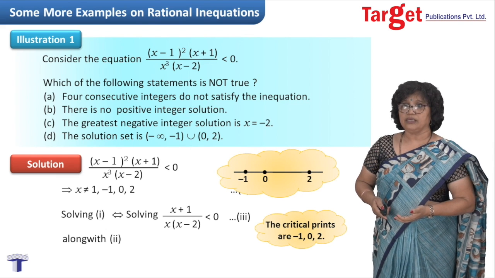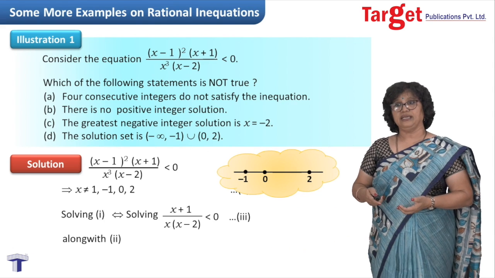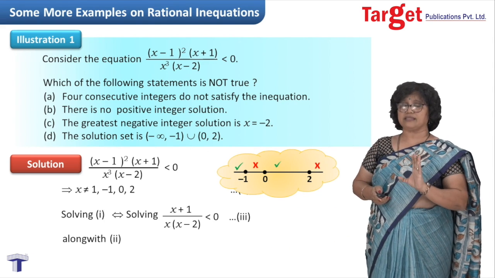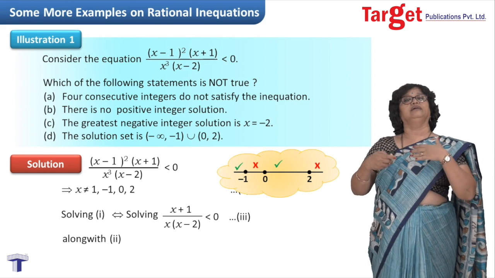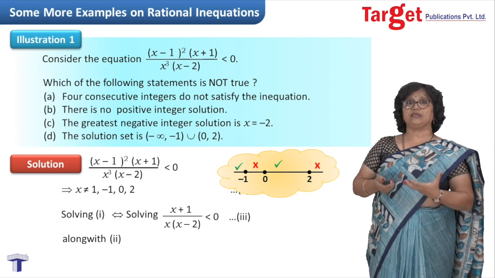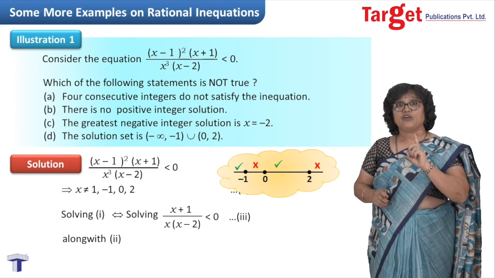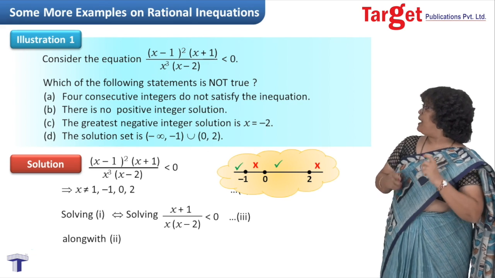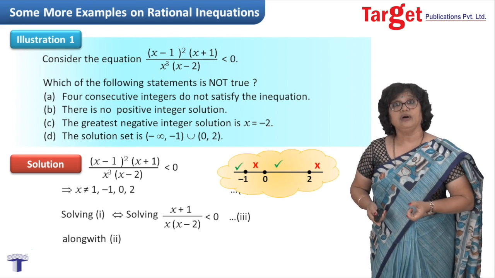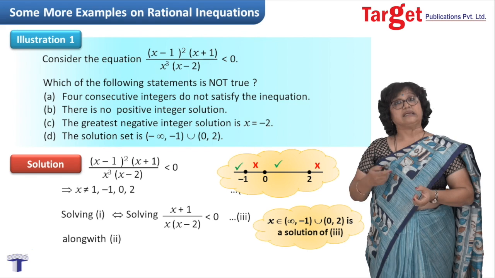So I mark them and I find the solution. I realize by the method of intervals that minus infinity to minus 1, and 0 to 2 will participate in the solution set. But solution set of what? Of the given inequation? No. They will participate in the solution of the inequation given in 3.